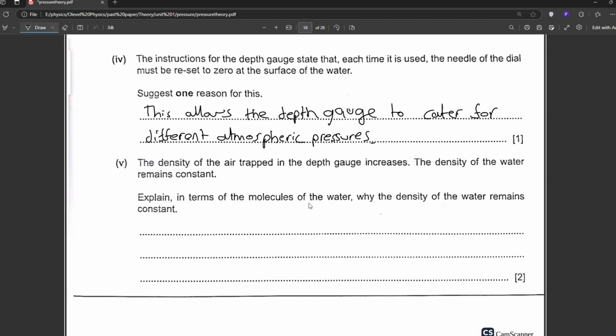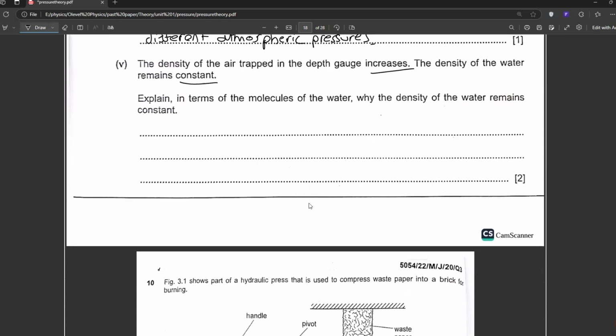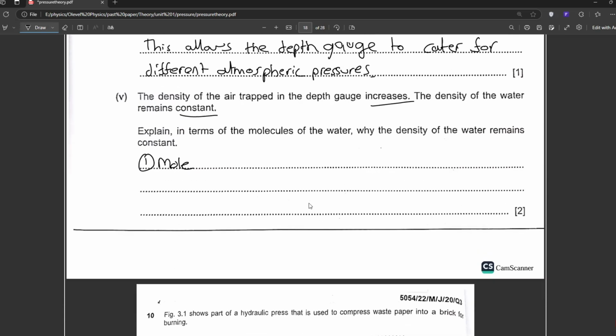Let's further move ahead. The density of the air trapped in the gauge increases. The density of the water remains constant. Why? Because water is a liquid. Explain in terms of molecules of water why the density of water remains constant. Firstly, because molecules are close together.